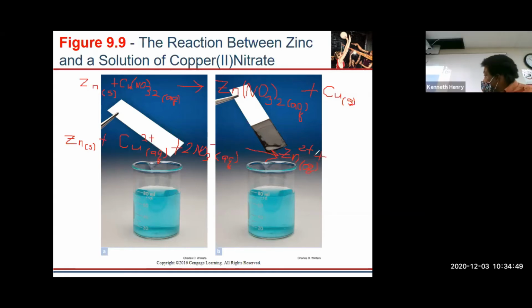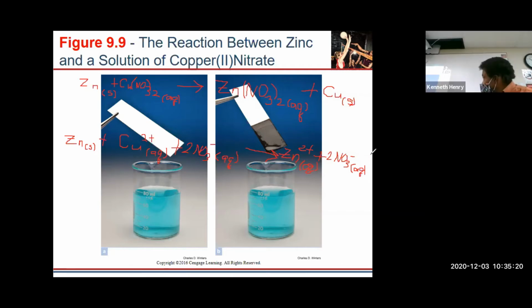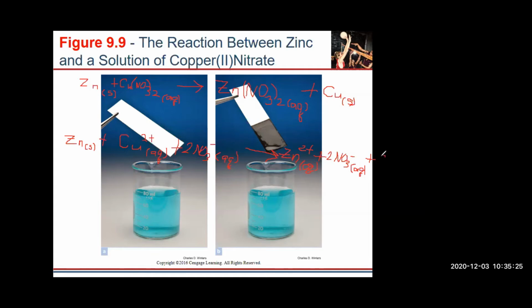And what else? 2 NO3 with a negative charge, and it's aqueous. Okay. And what else? Plus Cu, you just drop the Cu.